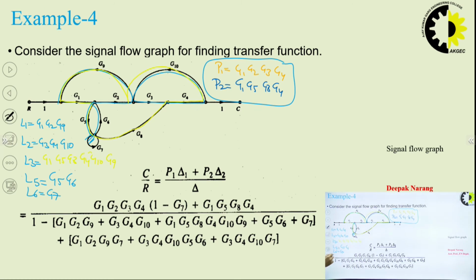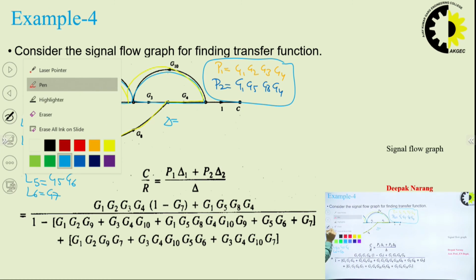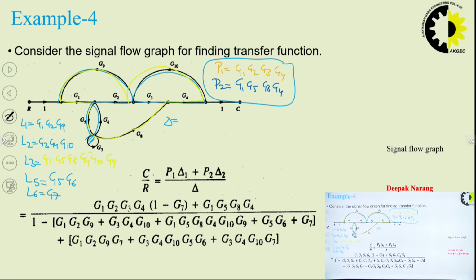So next is to find delta. For delta, we need combinations of non-touching loops. Is there any non-touching loop existing in this system? Yes, we can see this G7 loop is non-touching with this loop and this loop.